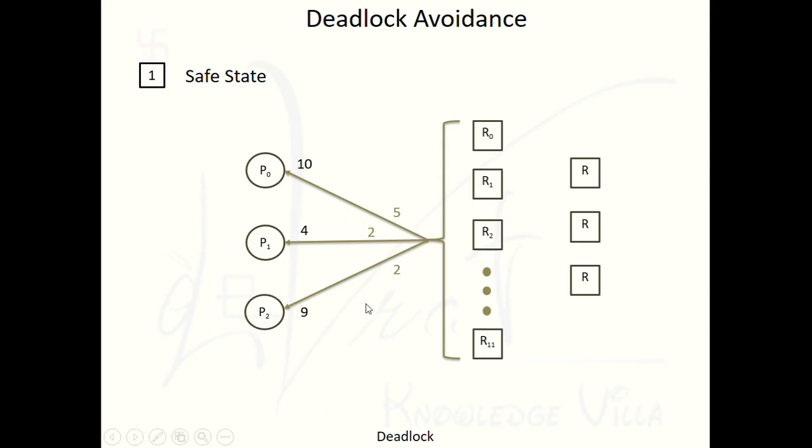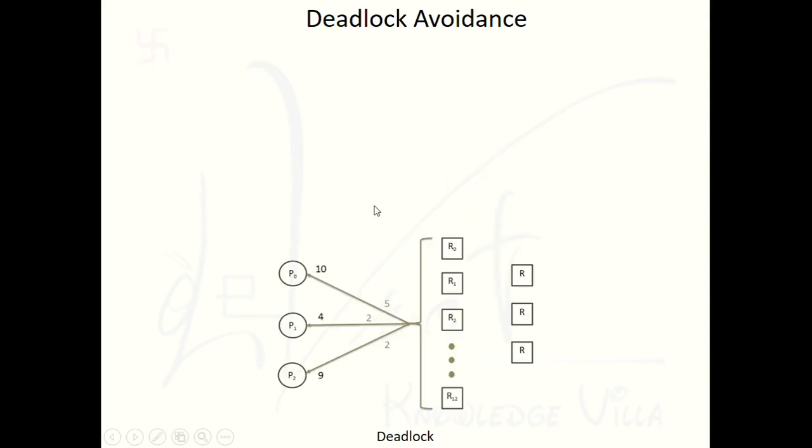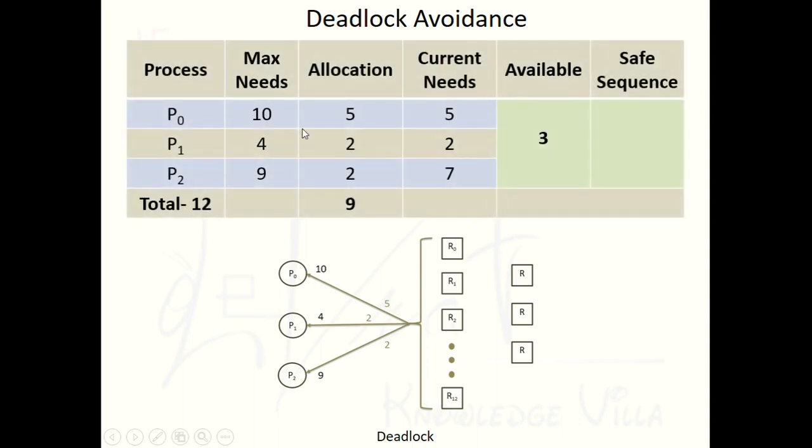Now let me make this figure a little bit smaller and put this data into tabular form. Nothing is changed here. These are our processes P0, P1 and P2, and the total of 12 resources. What is the requirement?